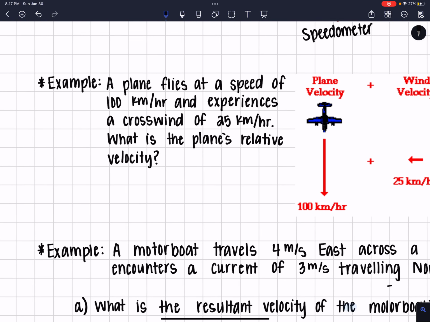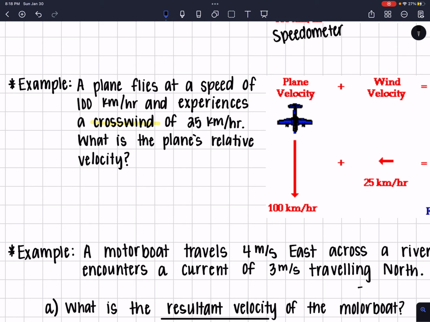Let's say that the same plane is flying, but instead of a headwind and a tailwind, it experiences a crosswind. Now, crosswind is kind of exactly like it sounds. Instead of being in the same direction as the plane's motion, it's actually across the plane's motion, or it's perpendicular to the plane's motion.